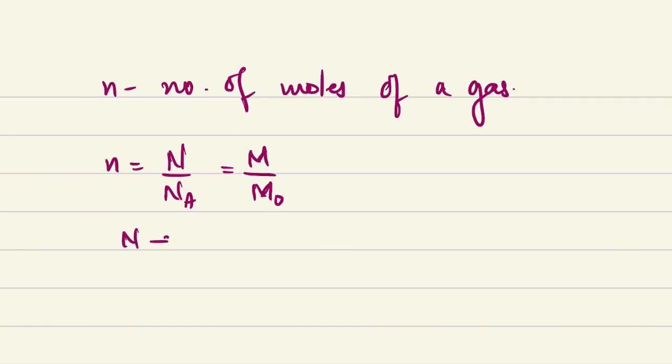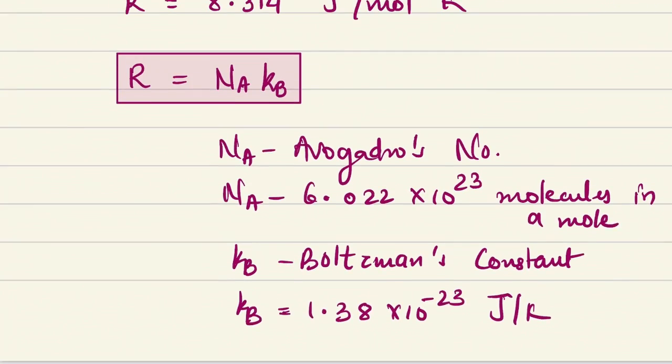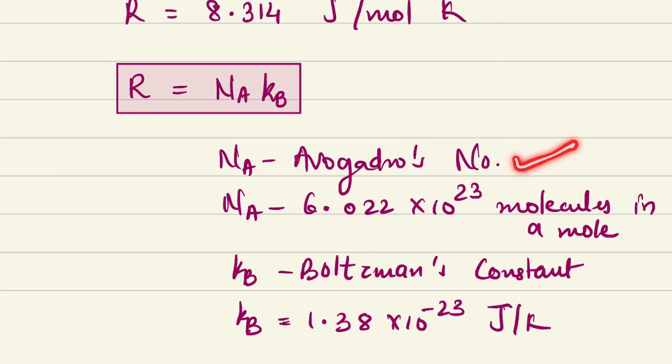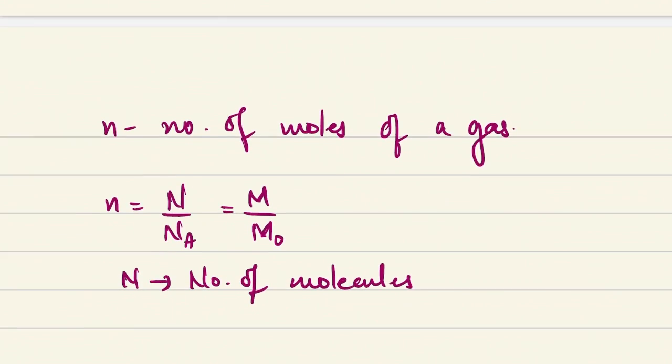Here your N is called the number of molecules in a gas. Na is Avogadro's number, which we have discussed over here, 6.022 into 10 to 23 number of molecules in a mole.